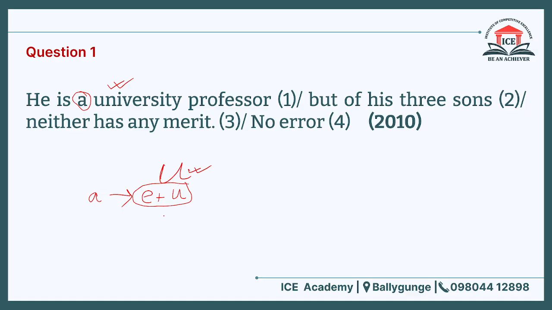Now, AN can be used, suppose if I say umbrella. Look, the pronunciation starts with a single vowel sound, and therefore AN should be used. So, the sentence is grammatically correct here.